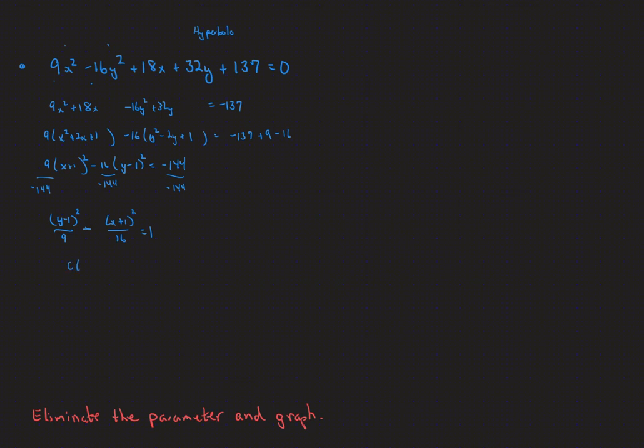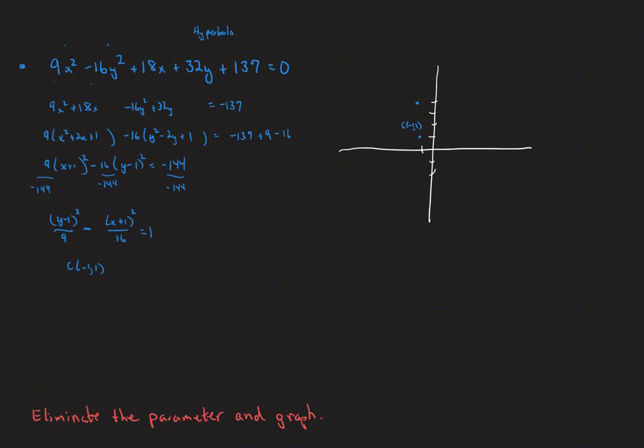So our center is going to be at -1, +1. So when we go to graph this, we're going to go -1, +1, and that's going to be our center. In the y direction, we're going to go up and down 3. 1, 2, 3. 1, 2, 3.